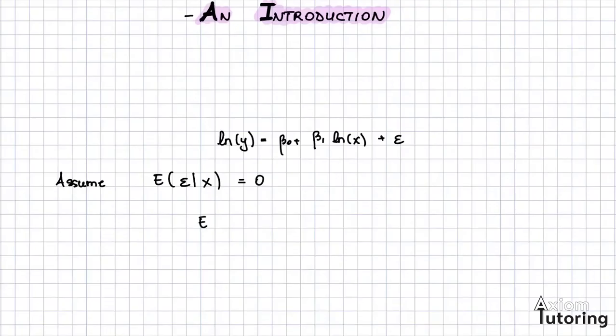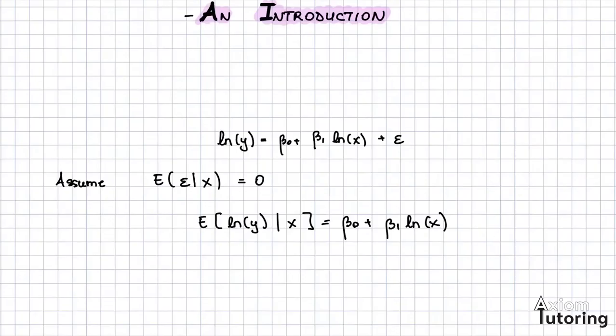So the expectation of ln of y conditional on x is equal to simply beta null plus beta 1 ln of x, and keep in mind that the conditional expectation of the error term on x is 0. That's why it no longer shows in our population regression function.